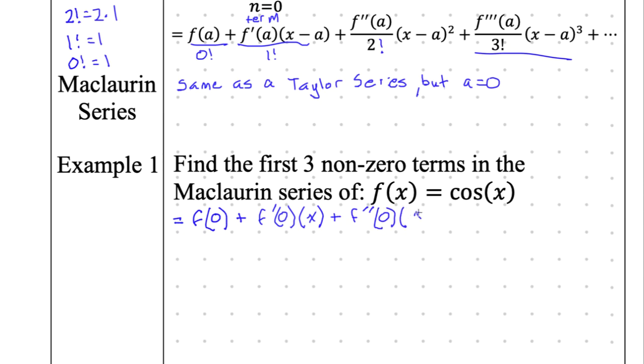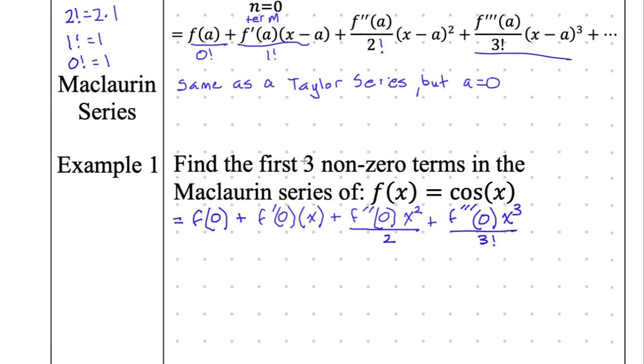That doesn't make sense. I'm just going to write times x squared. And that's all divided by 2. And then plus f, there's 3 derivatives happening here. Still plugging in 0. Now x to the power of 3 divided by 3 factorial. And I don't know how many terms we're going to have to go out to, but if I get a 0 term, that doesn't count. I'm only counting non-zero terms.